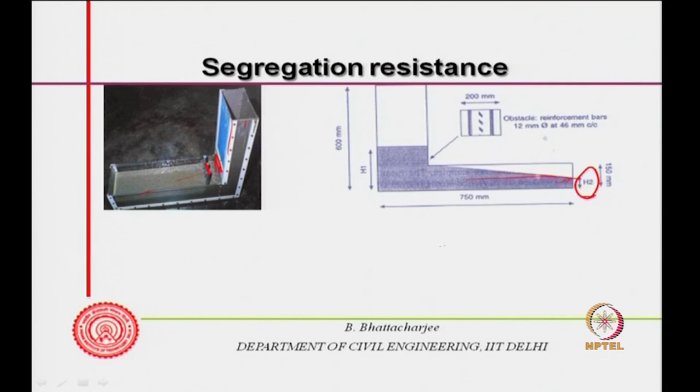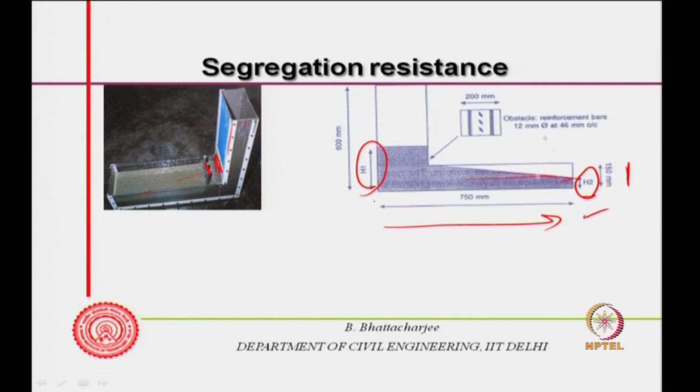As it passes, the concrete here would be like this, and this height we call H2, this is H1. This dimension is 760 mm, this is 600 mm, and this is 150 mm. Allow it to pass through, and if H2 by H1 is equal to 1, then it is perfectly self compacting.